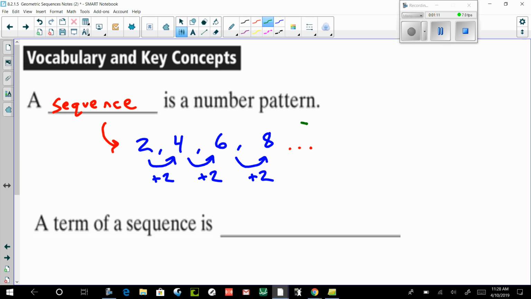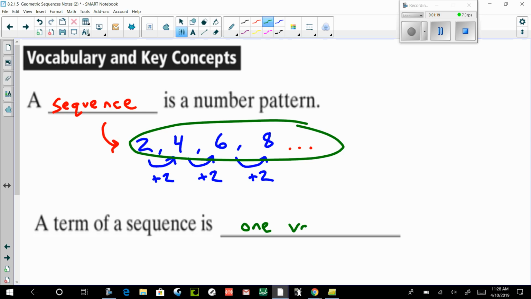So if we look at this whole expression, this would be considered a sequence, and one item or one value in the sequence would be considered a term. So when we look at the value 8, in this particular case, 8 would be the fourth term, 6 would be the third term, 4 would be the second term, and 2 would be the first term.